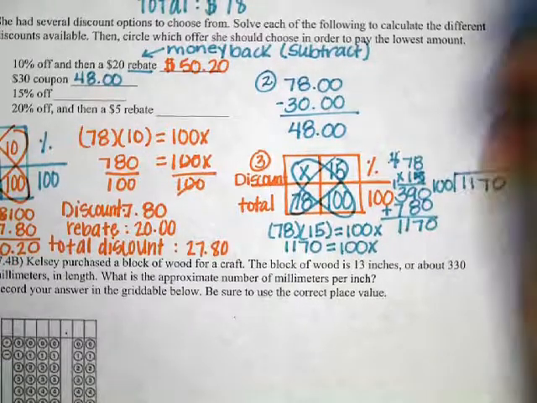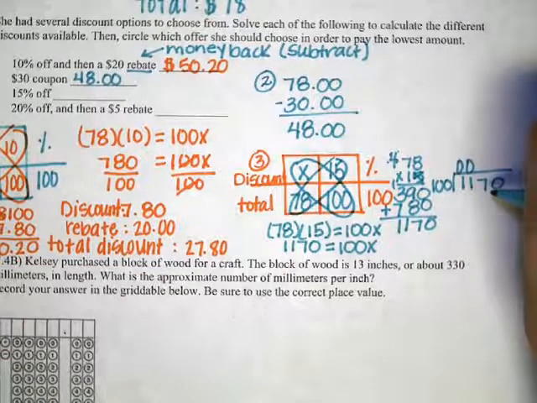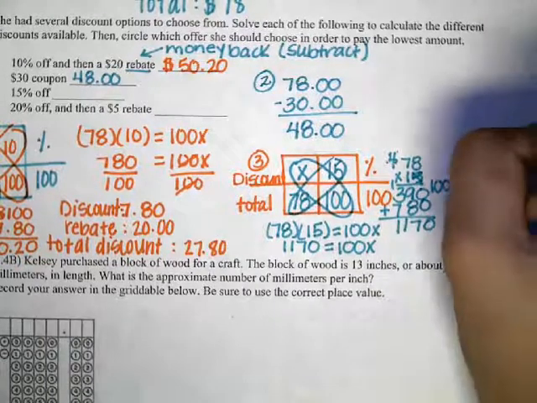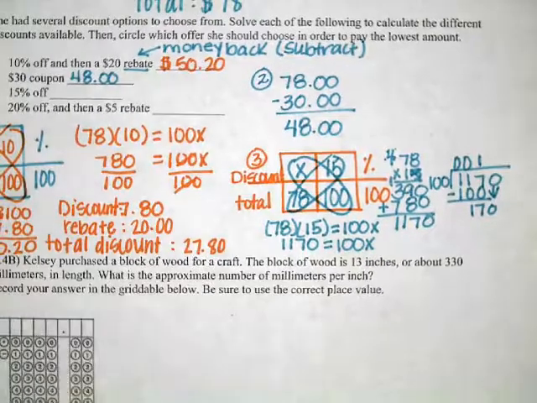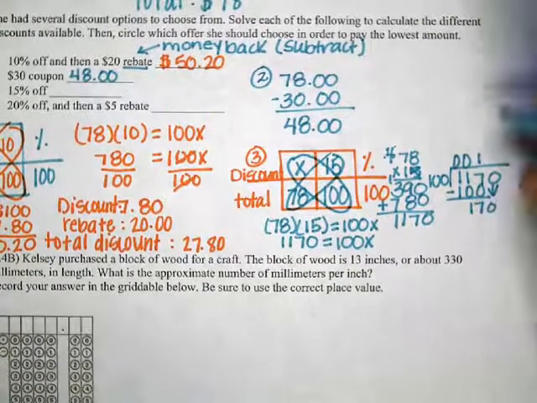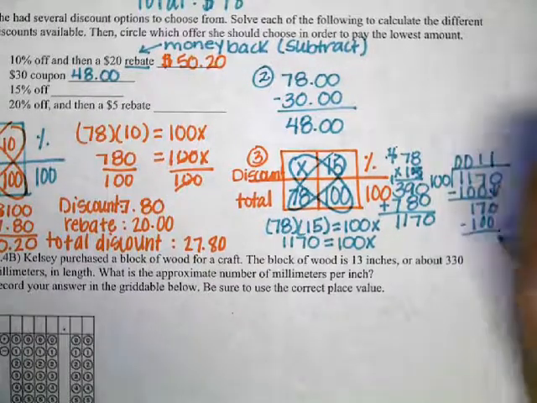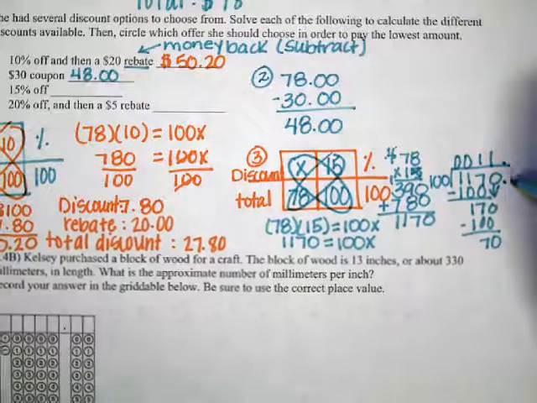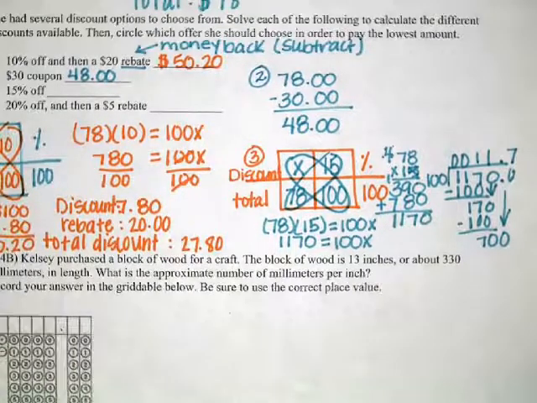100 cannot go into 1. It can't go into 11. But it can go into 117 one time. 100 can go into 170 one time. We ran out of numbers, so we have to add a decimal, add a 0, carry your 0 down. 100 can go into 700 7 times.